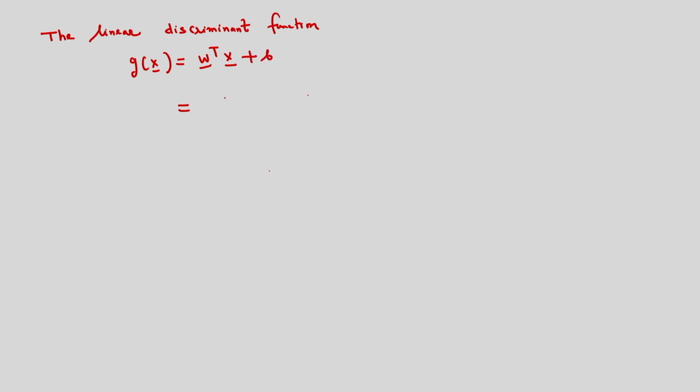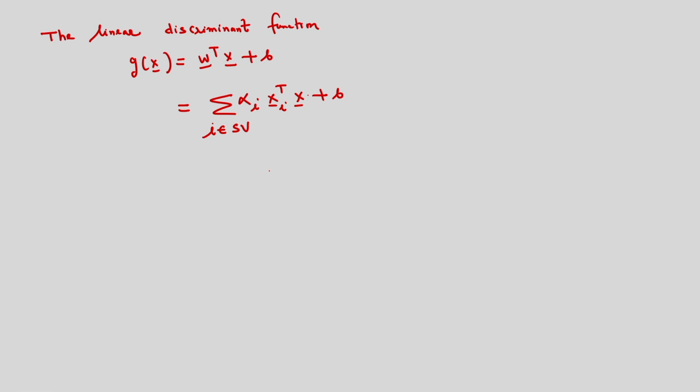W we have already determined, so this is the sum of alpha i xi transpose x plus b, where i belongs to all the support vectors, SV meaning support vectors.